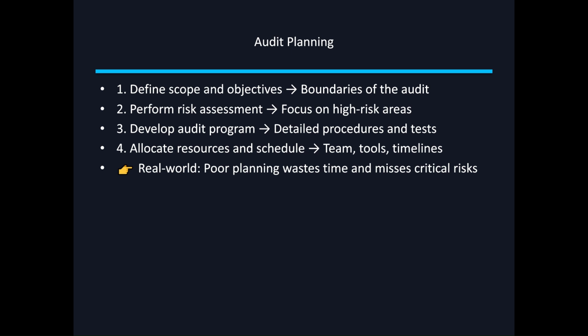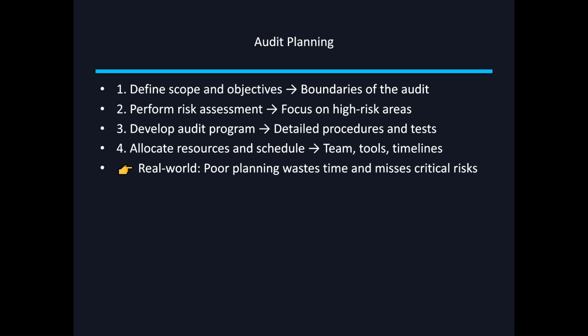Now comes the fourth part where we'll start allocating the resources, which means assigning an auditor, deciding on the timelines, or taking into account a tool. We need to implement certain tools to initiate the audit.